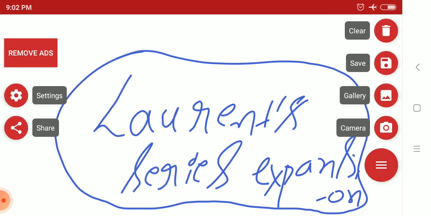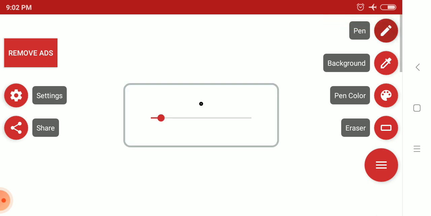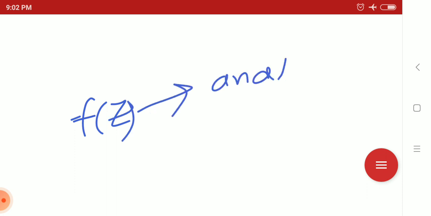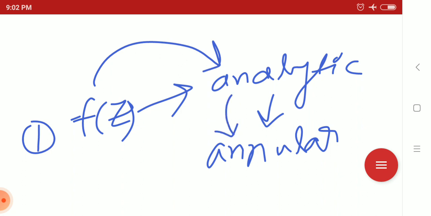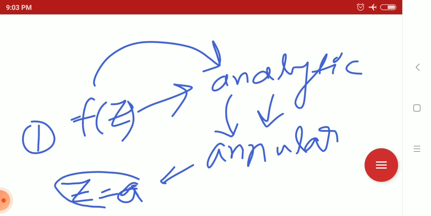What is Laurent series? Whenever we are talking about a complex function f(z), if f(z) is analytic in any annular region with the center at z equals a, suppose any point a is the center, and the region is between the radius r1 and r2.